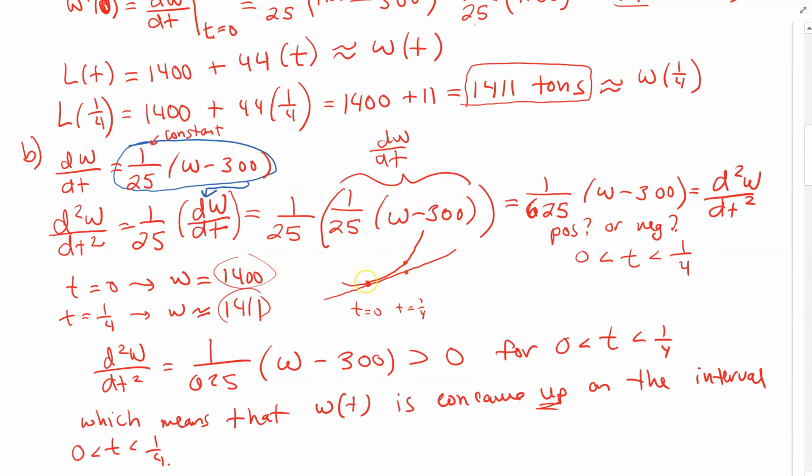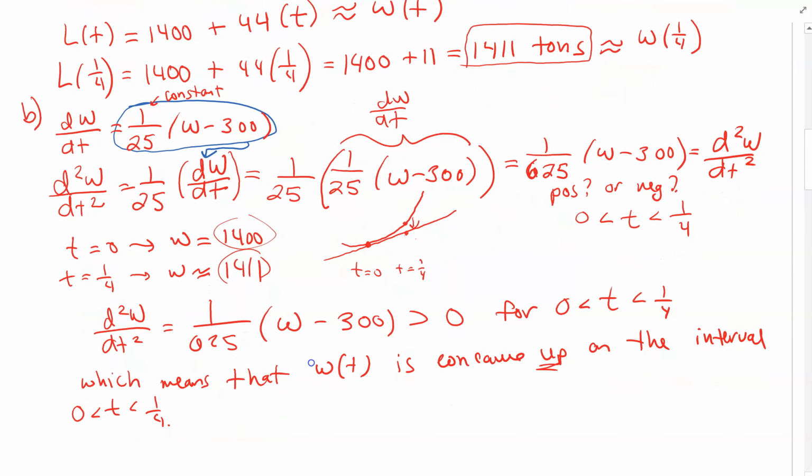Because the graph is concave up, the tangent line is forced to lie below the curve, so the approximation would be under, less than the true value, right? The approximation's on the line, the true value is on the curve, approximation is below. So we can make that conclusion.